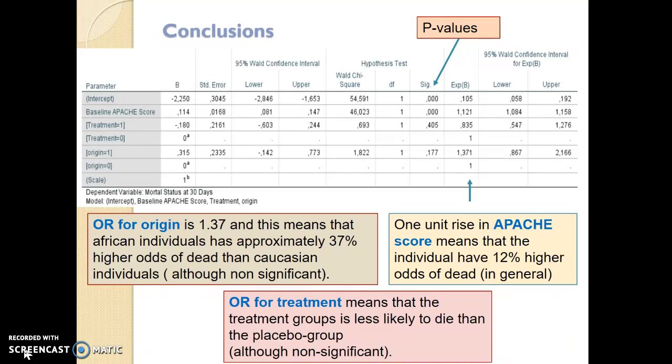If we still interpret the odds ratio, it tells us that African individuals have 37% higher odds of death. The odds ratio for treatment is below 1. This means that the treatment group is less likely to die than the placebo group, although non-significant.